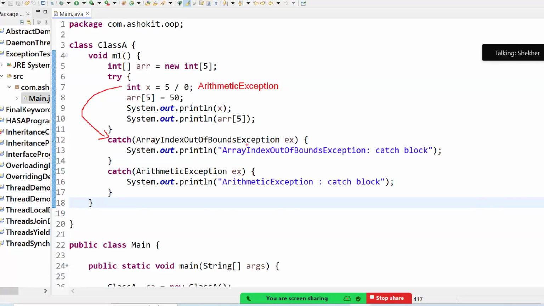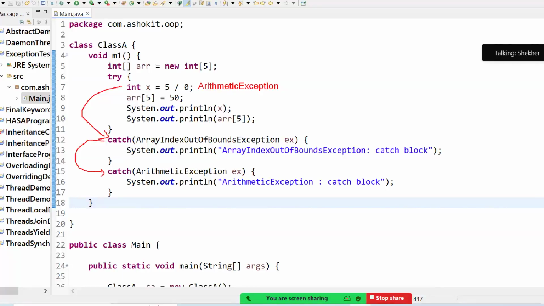Array index out of bounds exception. But what exception actually occurred? Arithmetic exception. So the control will check that this catch block can handle only array index out of bounds exception. So it is not a suitable catch block. That's why now the control is jumping to the next catch block.